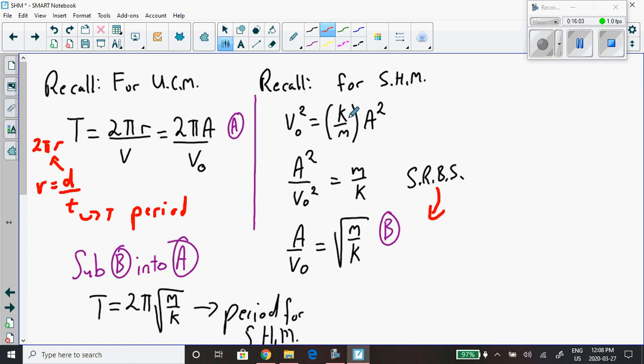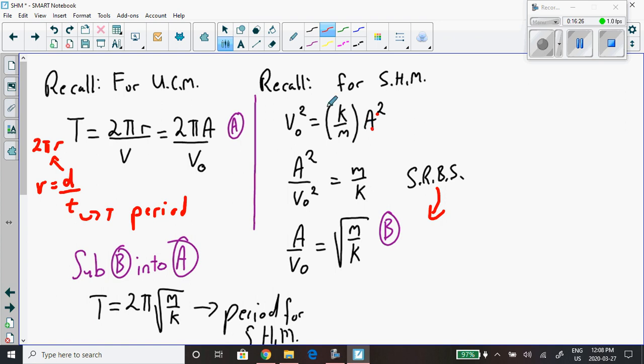Now, let's recall from simple harmonic motion. This is an equation we came up with earlier today. V naught squared is equal to the spring constant divided by the mass, all times the amplitude squared. Let's divide each side by V naught squared and then multiply each side by m over k.